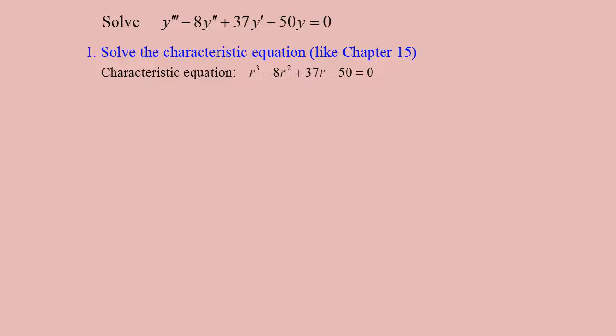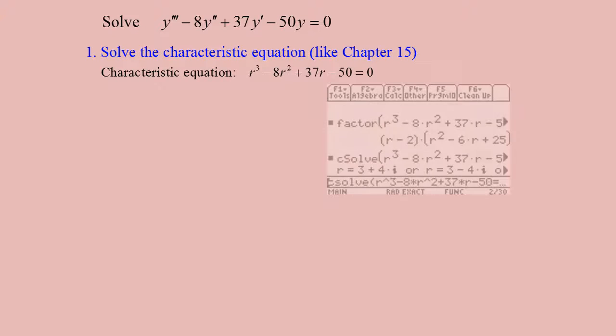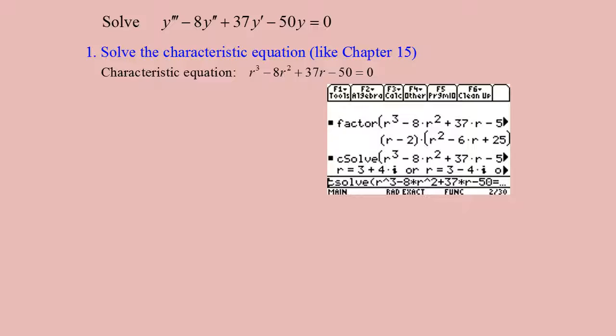However, we're going to fudge quite a bit and utilize our TI-89 calculator, which has all of this built in. So you can see here on my TI-89, I have factored this polynomial, and it factored into r minus 2 times r squared minus 6r plus 25. So we could set each of those equal to 0 and solve.